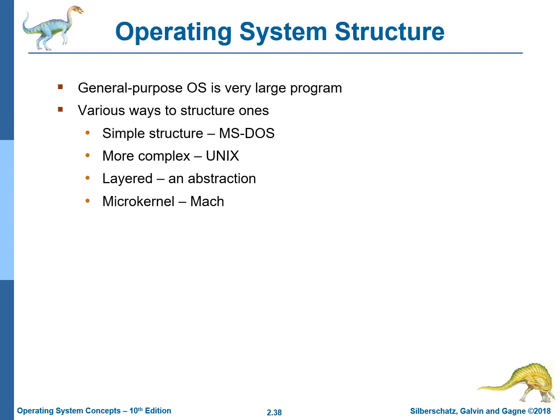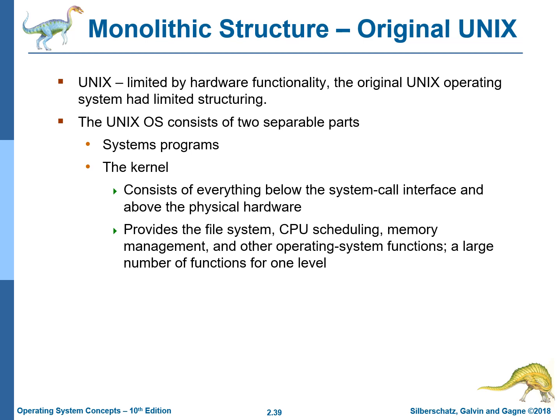Operating system structure. A general-purpose operating system is a very large program, and there are various ways to structure one. For a simple structure, we have MS-DOS, and a more complex one like Unix, and for a layered one we have an abstraction, and for microkernel we have Mach. For monolithic structure, we have the original Unix, and Unix is limited by hardware functionality.